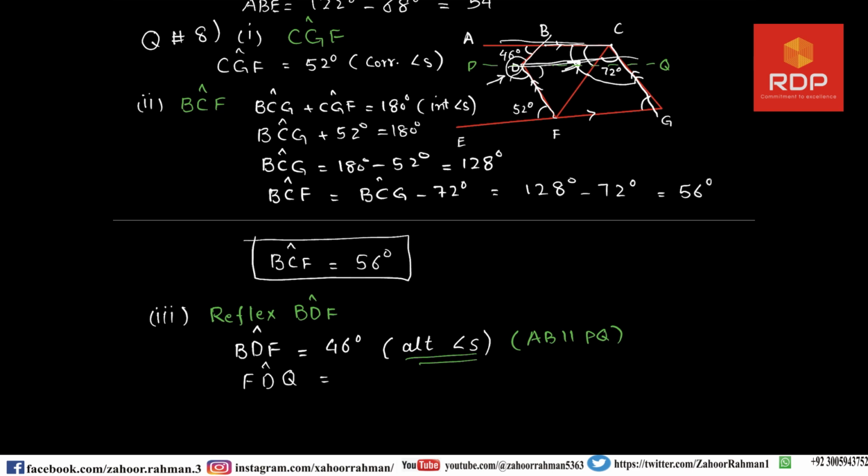So this is equal to 52. We are going to write that it is 52 degrees, and that is also due to the alternate angles theorem.